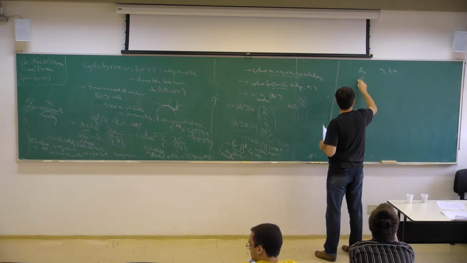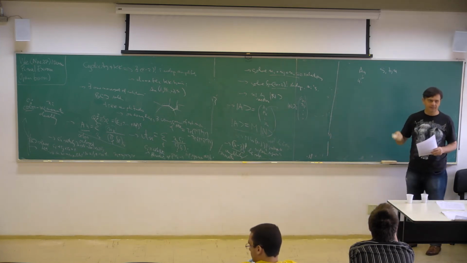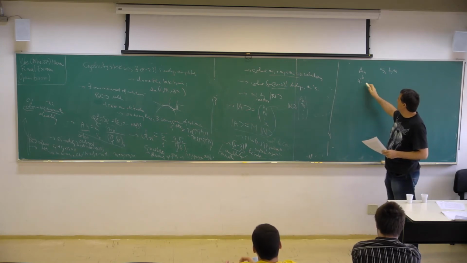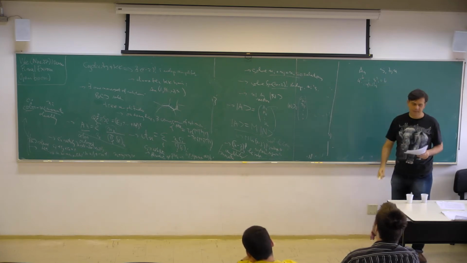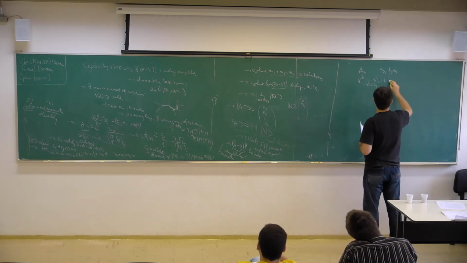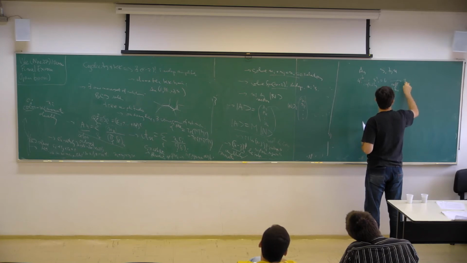So 4 factorial amplitudes would be 4 indices, 4 particles. But then I said for simplicity I reduce this to 3 factorial. That's 6, right? But then by reflection invariance, I'm left with 3.